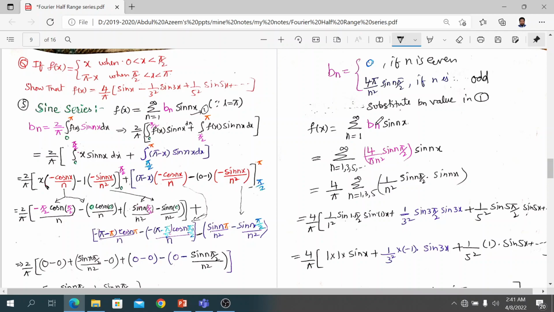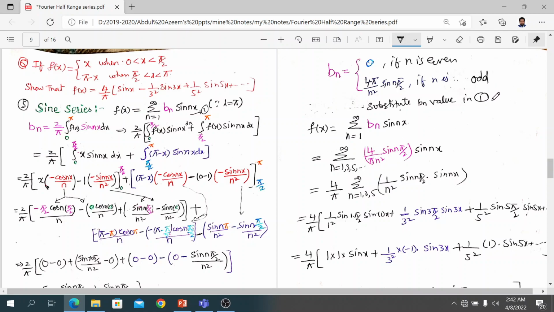Substitute in the first equation. The bn value is 4 by pi n square sin n pi by 2 into sin nx. 4 by pi take outside.